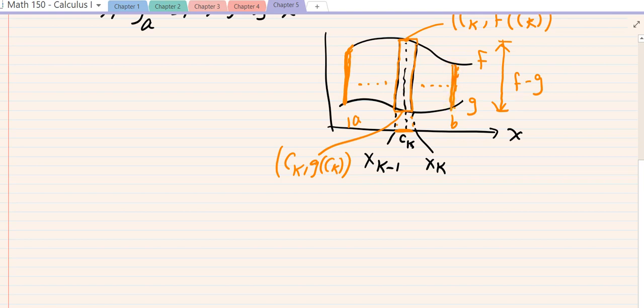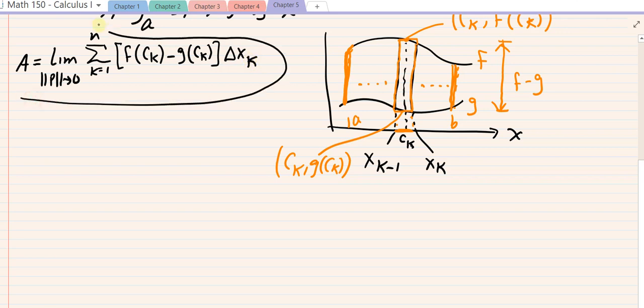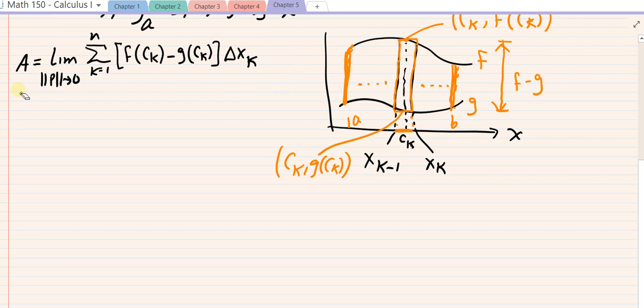Okay, so now we can express the area as the limit as the norm of the partition goes to 0 of the sum from k equals 1 to n of f at c sub k minus g evaluated at c sub k. This gives you the height of the rectangle, times delta x sub k. This notation allows for any partition.